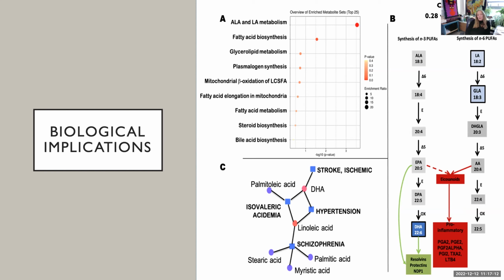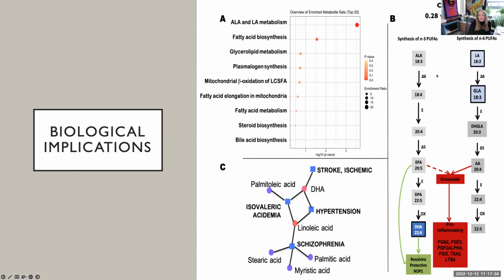When we did the metabolite-disease network analysis, these metabolites were associated with schizophrenia. Let's remember that autism back then was called infantile schizophrenia. They were also associated with hypertension, stroke, ischemia, and isovaleric acidemia.